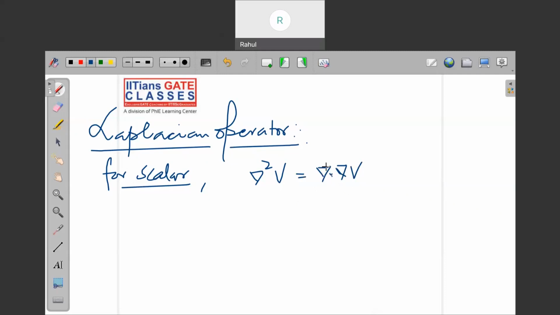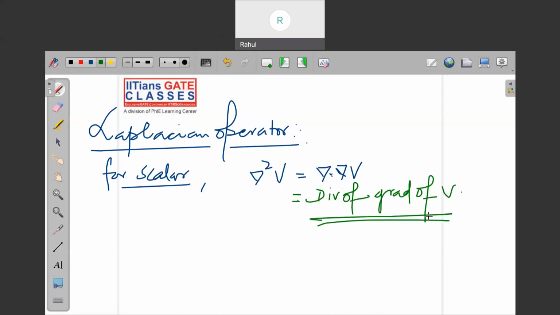So del square V can be read as the divergence of grad of V. Understand?